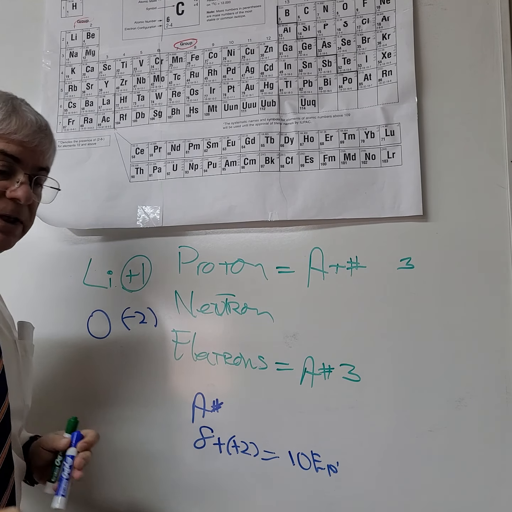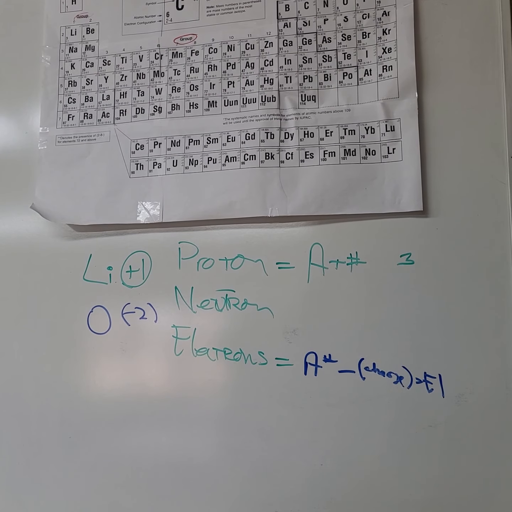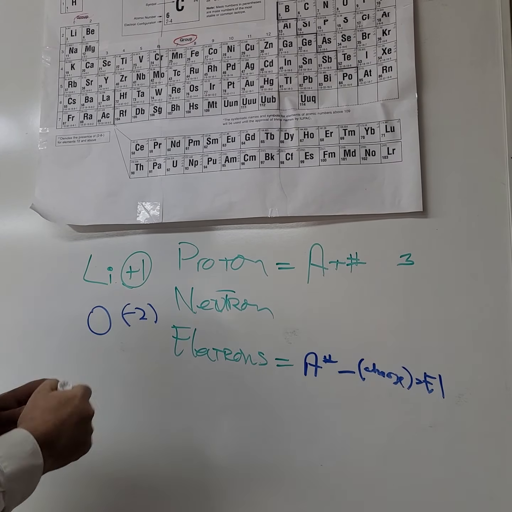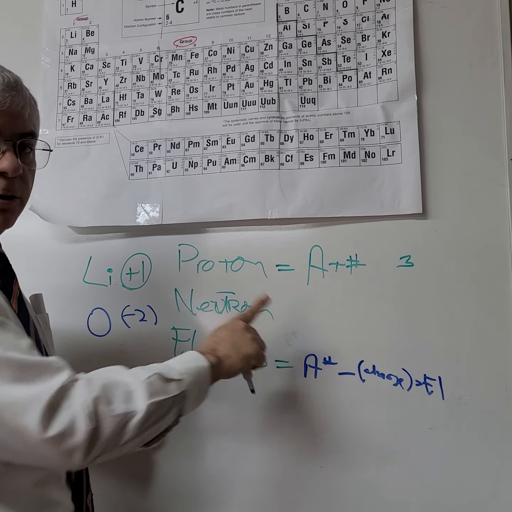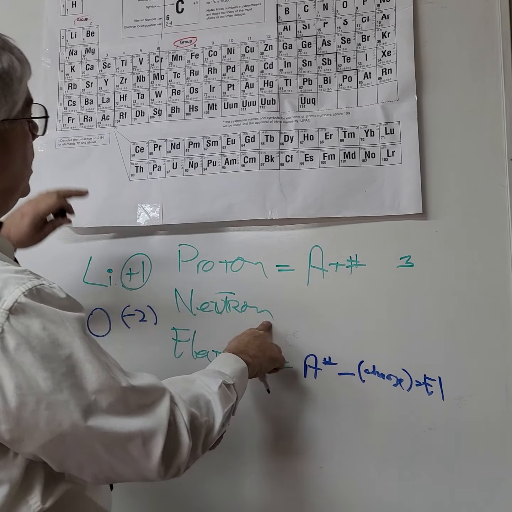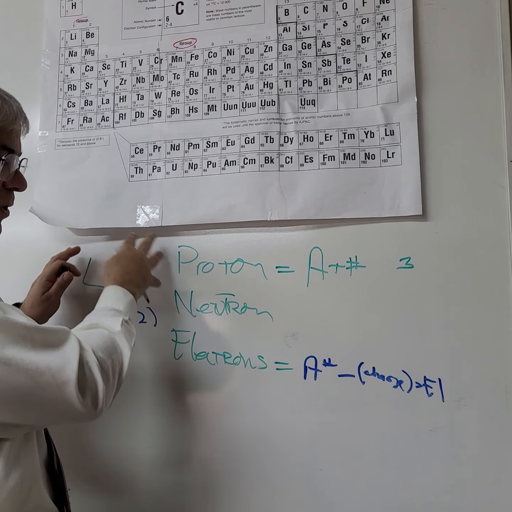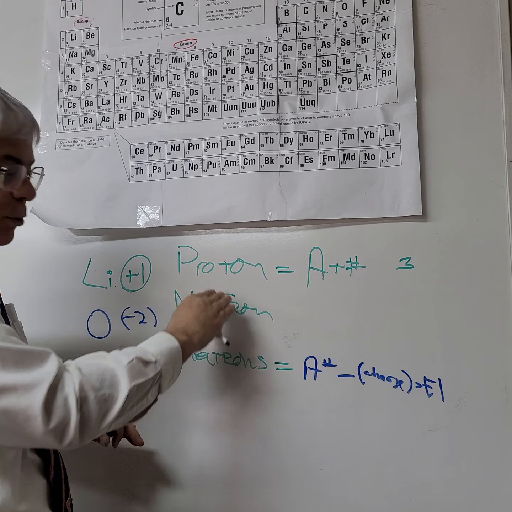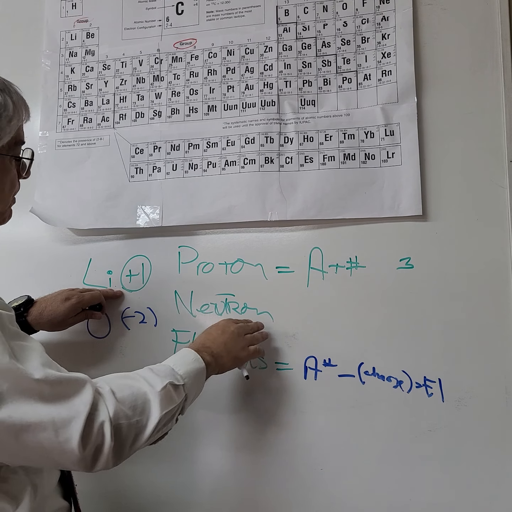Neutrons, a little bit simpler. So our neutrons, we do still use our atomic number, so that's an important portion of how we figure out within our elements what the number of protons, neutrons, and electrons are. But let's look at our lithium.